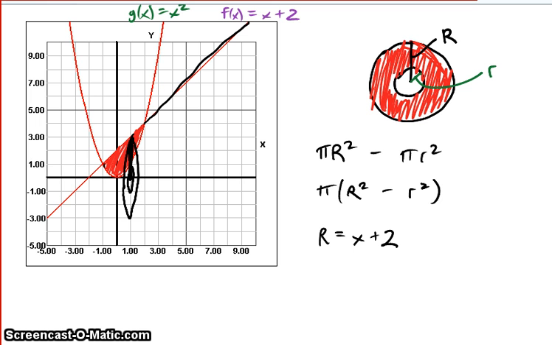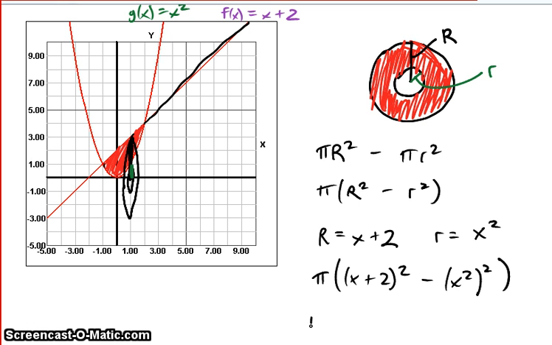Little r is going to be the lower of the two functions. That is actually my parabola, so little r is equal to just x squared. So the area of the entire washer, no matter what x value I choose, can be defined by pi times (x plus 2) squared minus (x squared) squared.